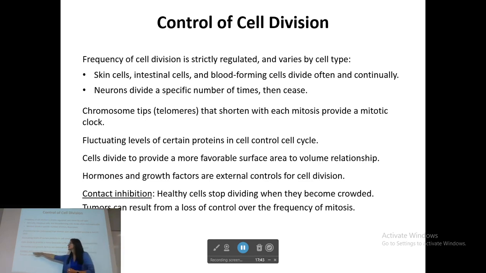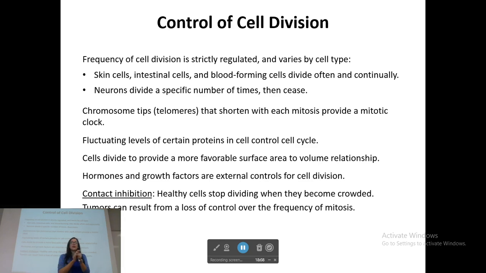Then we also have this thing called contact inhibition, okay? When cells get into contact with other cells to the point where they're getting crowded, they're going to stop dividing, because cells don't need to be crowded and pushed together. It's like being squeezed, right?